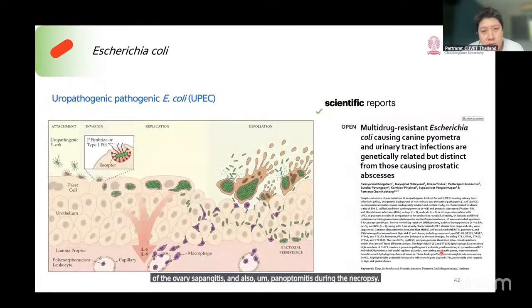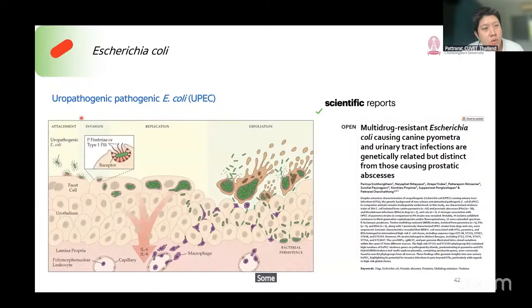For dogs and cats, as well as in humans, some strains are called uropathogenic E. coli, or UPEC. UPEC has specific fimbriae for attachment to the uroepithelium. So the use of catheterization is a predisposing factor to introduce UPEC into the urinary tract.